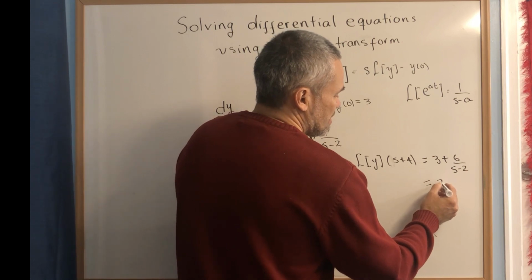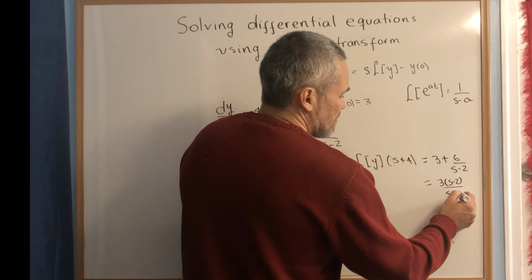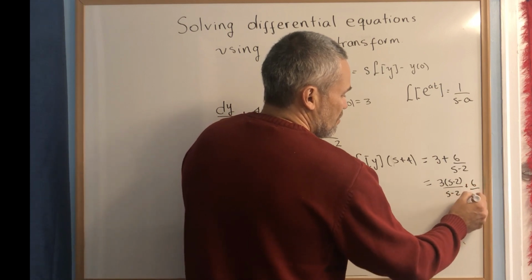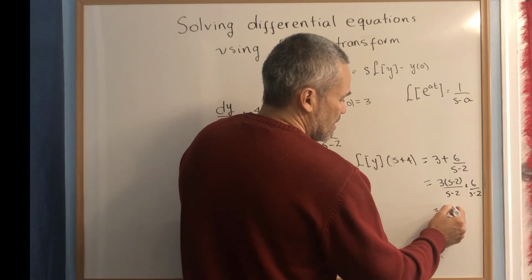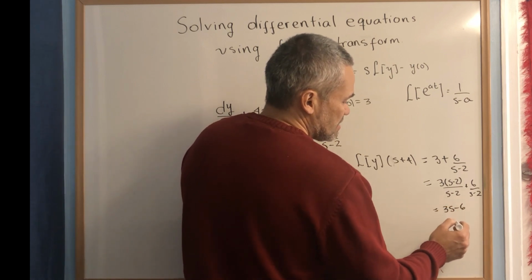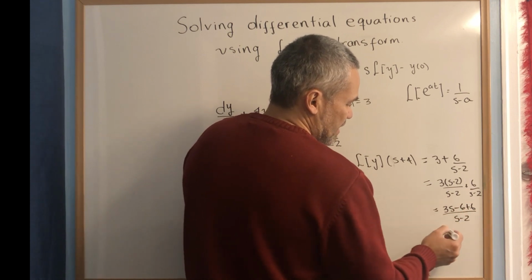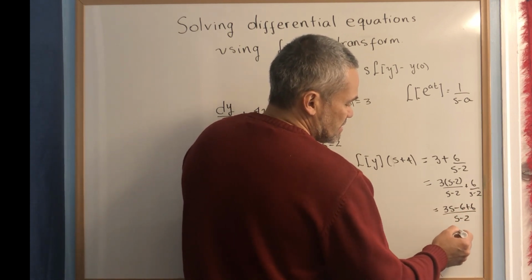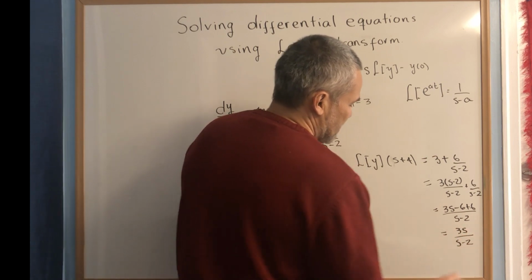This is 3 times s minus 2 over s minus 2 plus 6 over s minus 2, and this will be 3s minus 6 plus 6 over s minus 2, and this is just 3s over s minus 2.